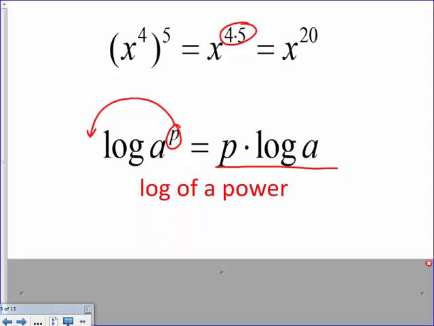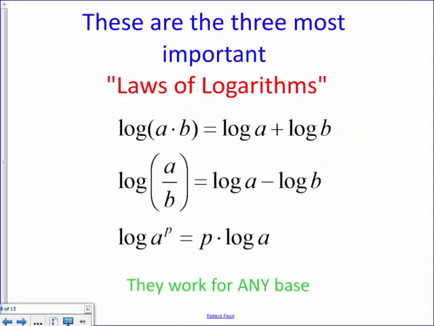We'll get into that towards the end of this section, and then you'll see why we do this. This is one of our main ones. We use this a lot when we're looking to solve for a variable in the exponent. So there are our three most important laws of logarithms. We got them all.